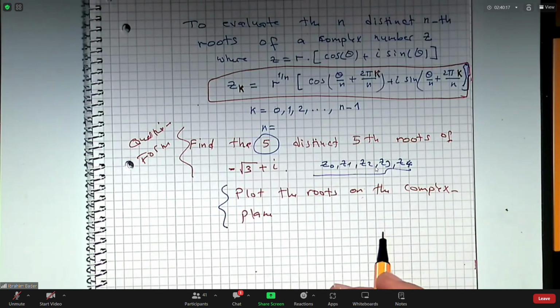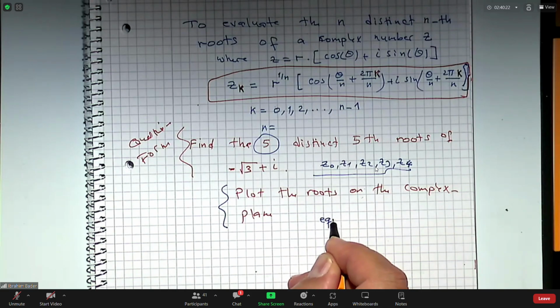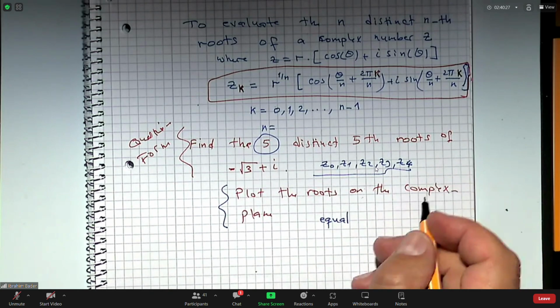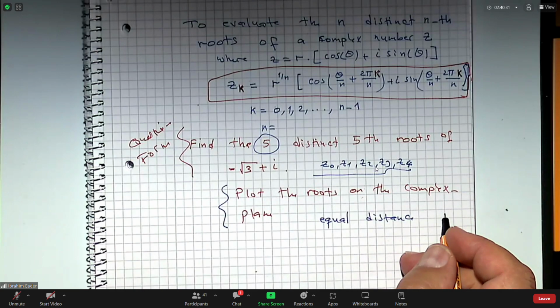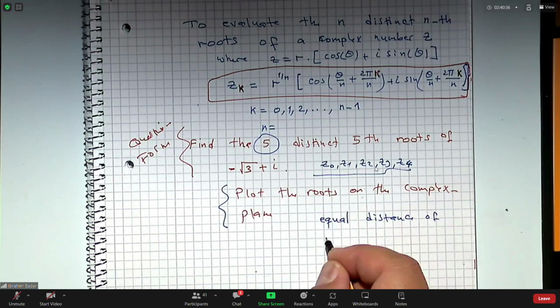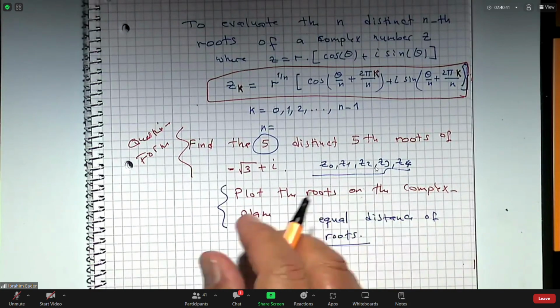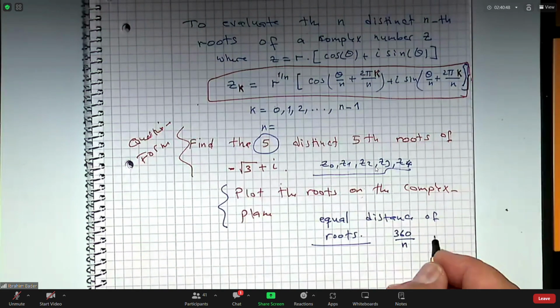Plotting means that you have equal distance of roots. What does that mean? Equal distance of roots. You have always 360 over n angles apart.